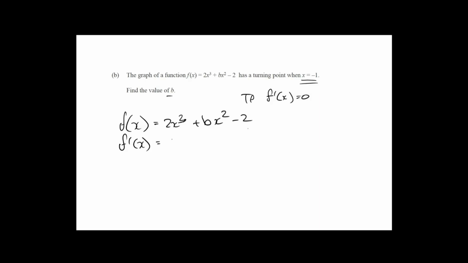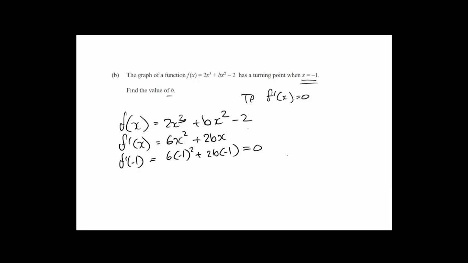So 3 times 2 is 6x squared plus 2bx, and the 2 disappears. And we put x equals negative 1 in there. It should equal 0. So 6 times negative 1 squared plus 2b times negative 1. And that will equal 0.